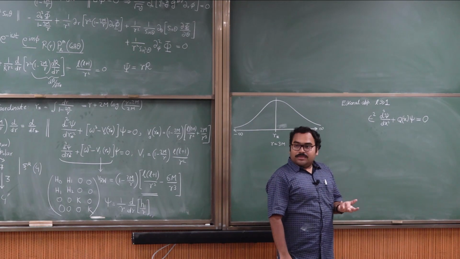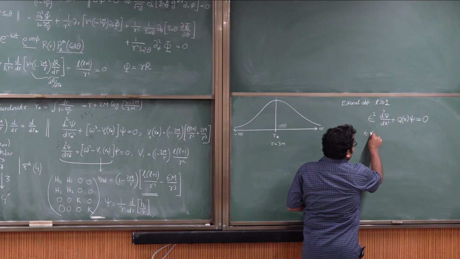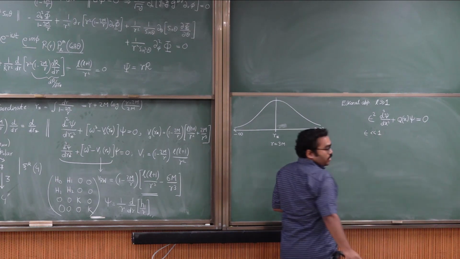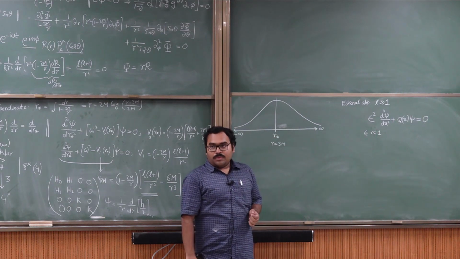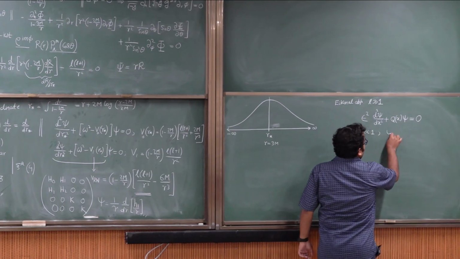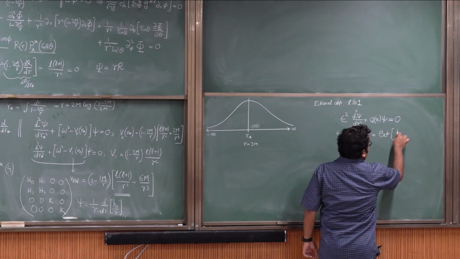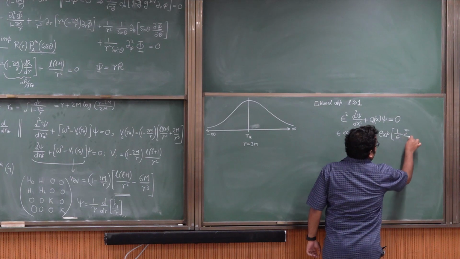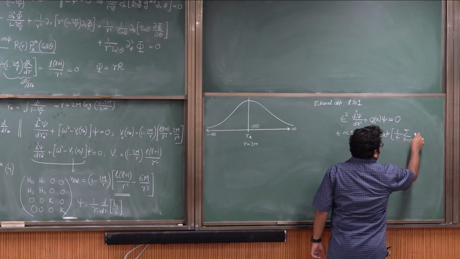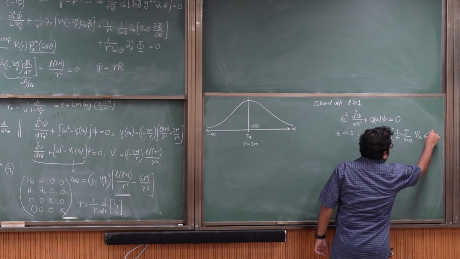Now h bar is a small number, so that means I will take the limit where epsilon is much smaller than 1. Right? Then I will rewrite my psi as exponential 1 by epsilon summation over n equal to 0, psi n epsilon.